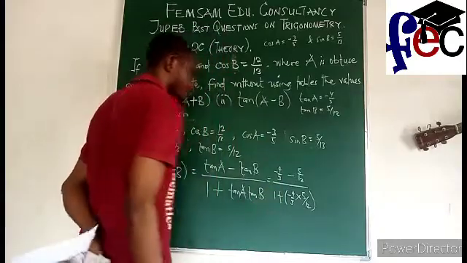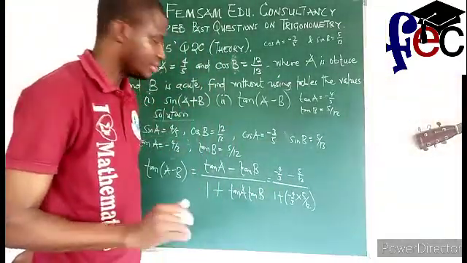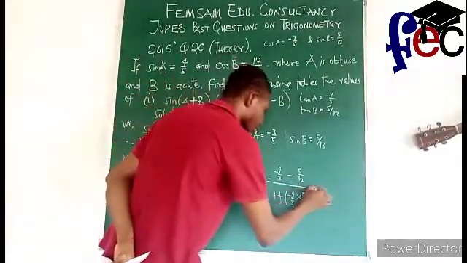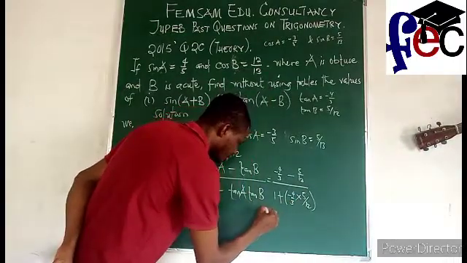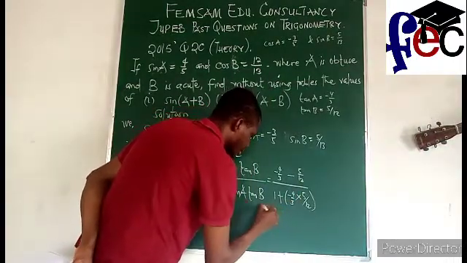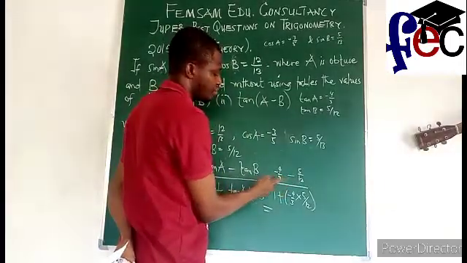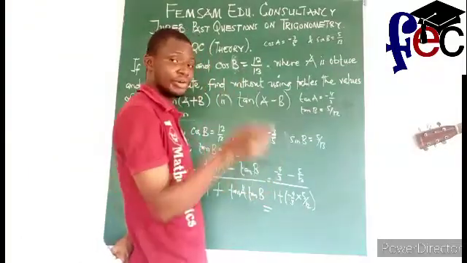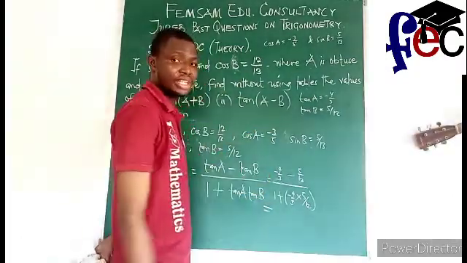So what will this numerator give us? You've got to be very fast, okay? So I want to do it straight away to make my work easy. Equal to the LCM of these two denominators, which is 12. 3 in 12, that's 4. 4 multiplied by 4, that's 16.